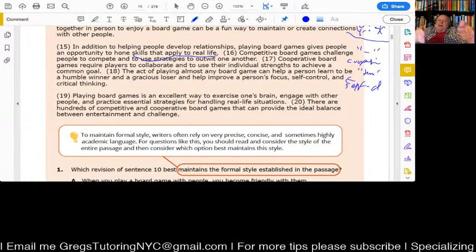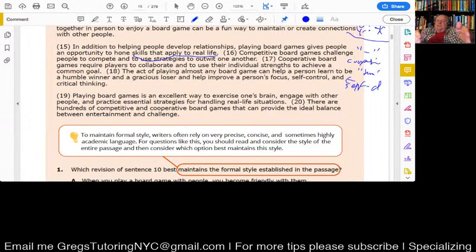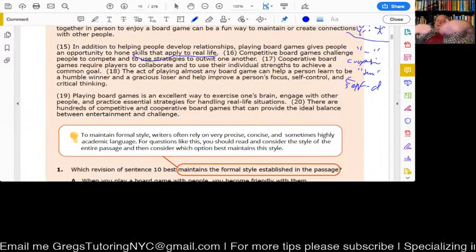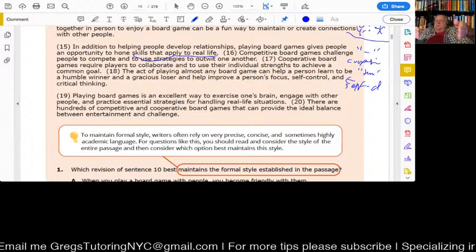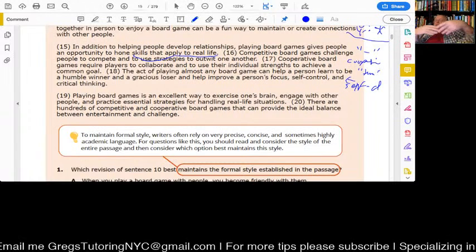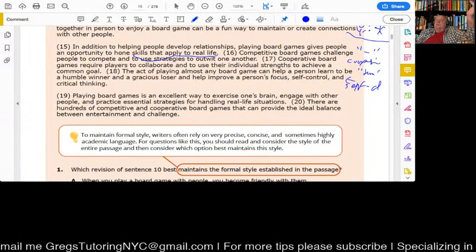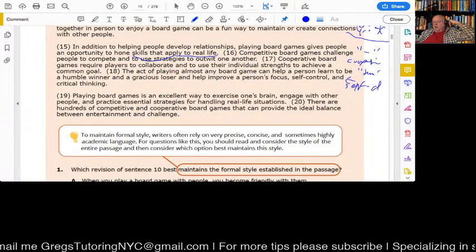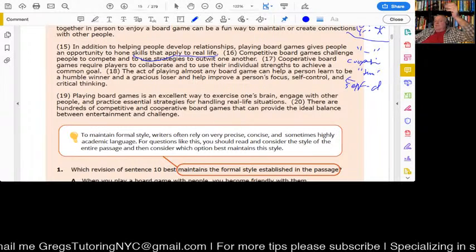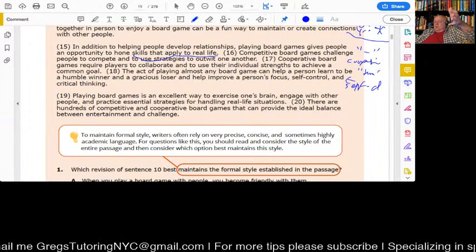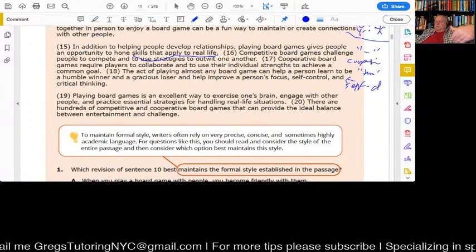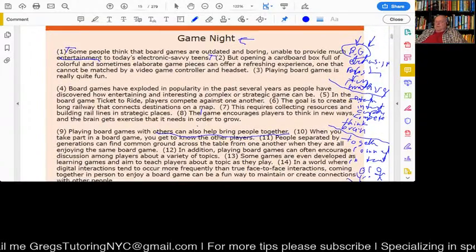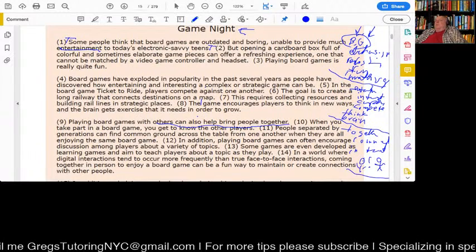That's not what you're being asked to do when analyzing these passages. Yes, you must read sentence 16. Yes, you must understand sentence 16. But it may turn out that sentence 16 had nothing to do with the questions. You have to remember too, at the end of the day, you're not being scored on reading the passage, even though you have to read the passage. You're being scored on answering particular questions. So for instance, if there's no question on paragraph number 1, then maybe it's not important, okay?